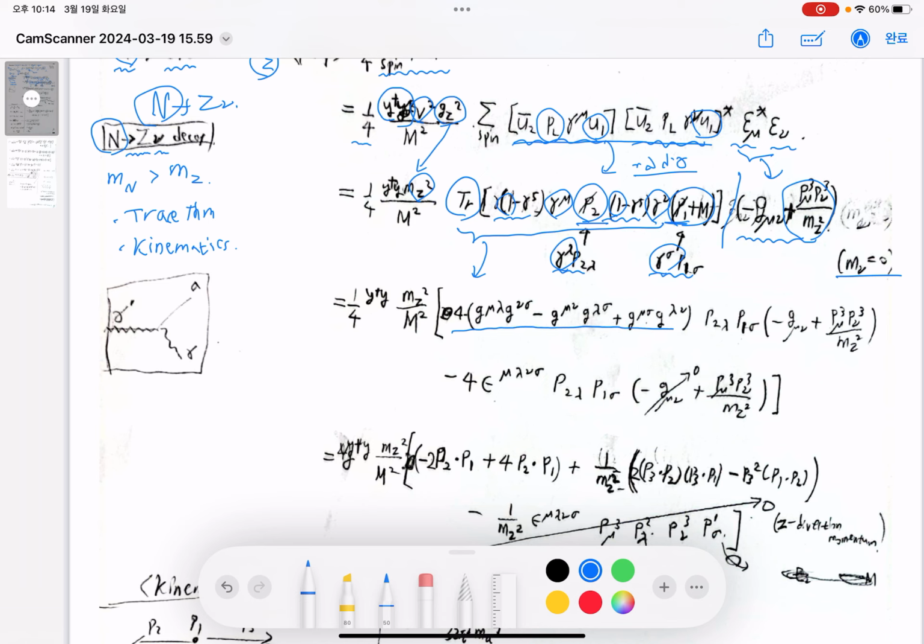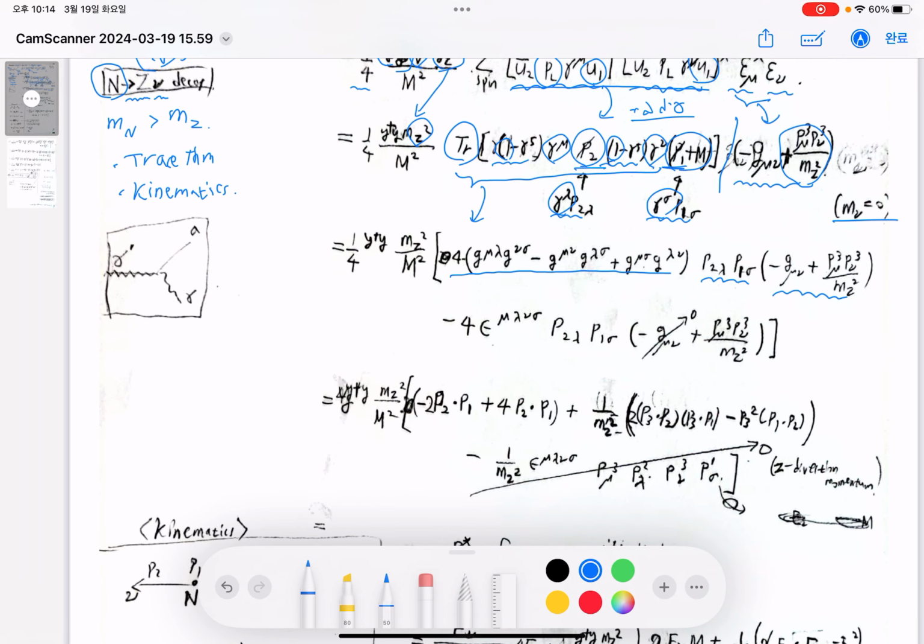So there are four gammas, so we use the trace techniques in here, and just extract the p2 and p1 slash with the indices lambda and sigma, and the polarizations of the Z boson mass. That's just given here. Now let's consider the gamma 5 factors here. There are gamma 5 and the four gammas, and it yields the epsilon antisymmetric symbol with the four indices, like the active neutrino momentum and also the Z boson momentum. Since this is the antisymmetric tensor, the same index of the matrix becomes 0, and we can construct each index by using the Einstein notation.